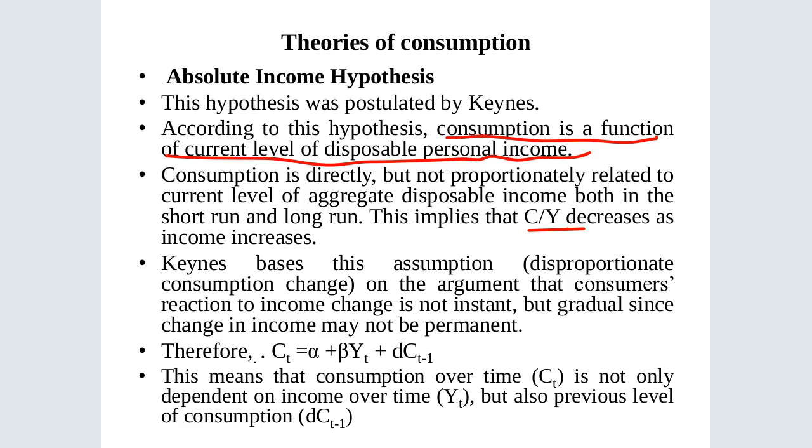So that is why the absolute income hypothesis simply says that consumption is a function of the level of personal disposable income. Since a short-term increase in income may not have a major effect on consumption decisions, you may not increase your consumption based on the short-term increase in your income, since that increase is not permanent.